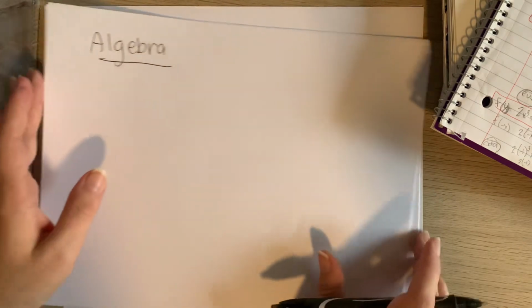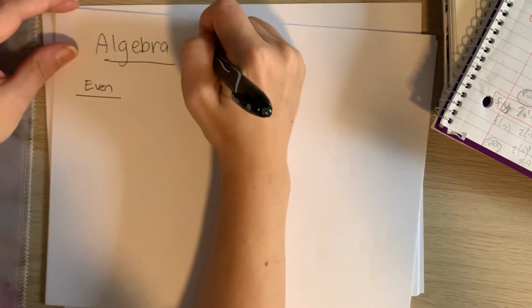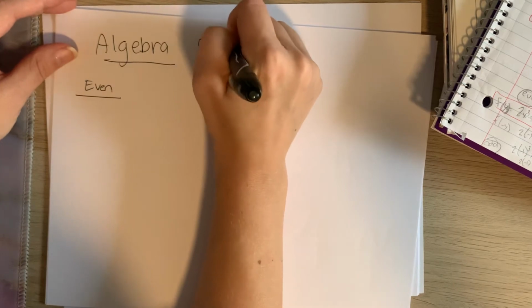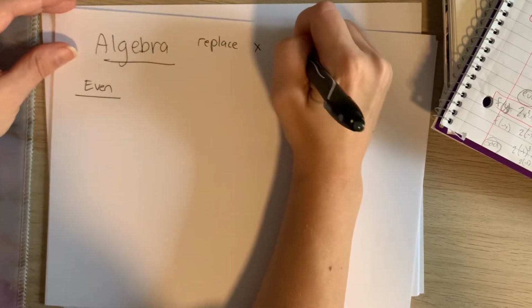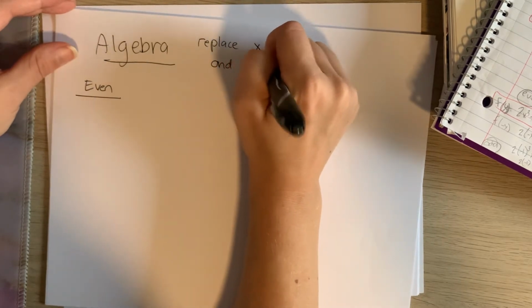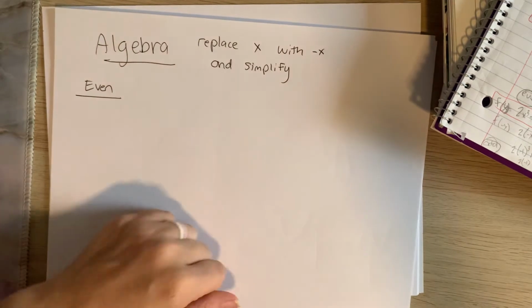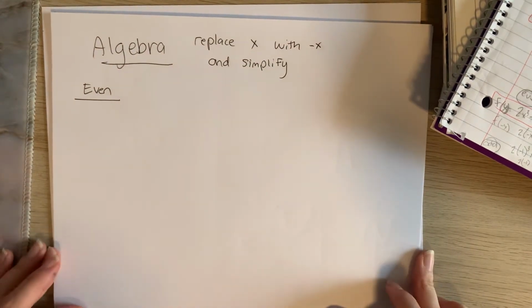So, an even example. Well, first, you're going to replace your x with negative x and you're going to simplify.